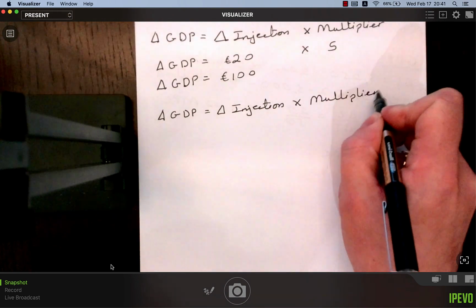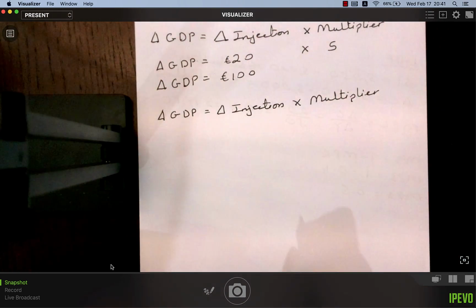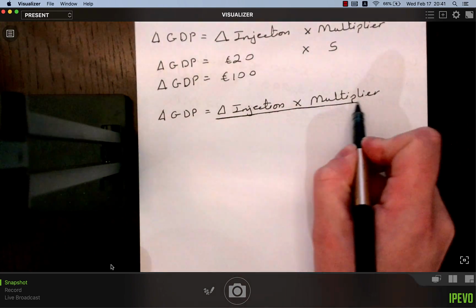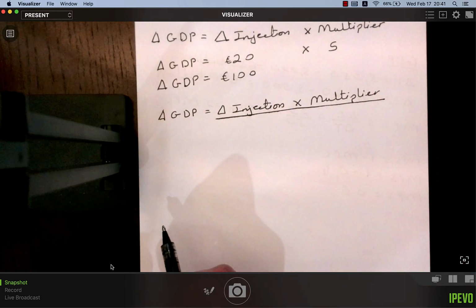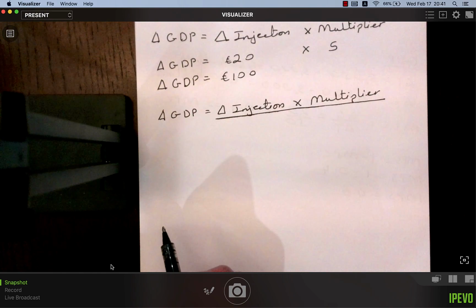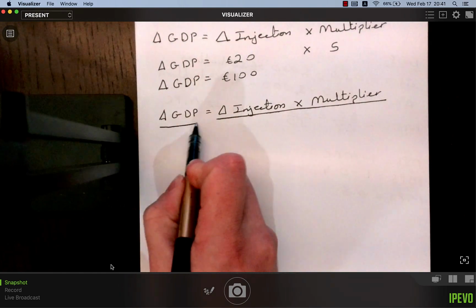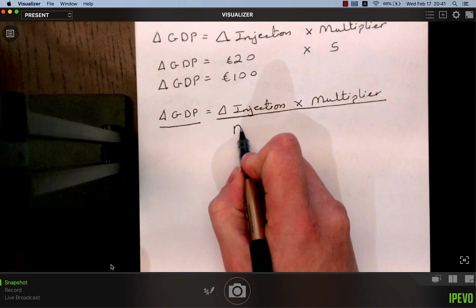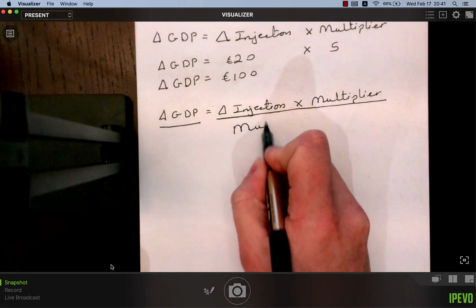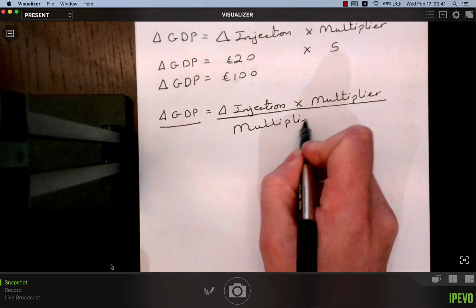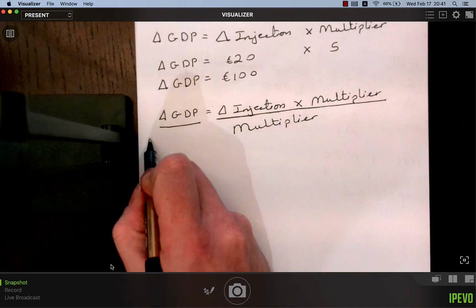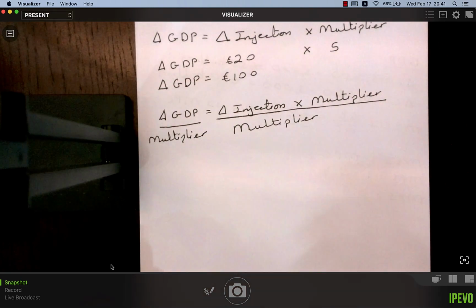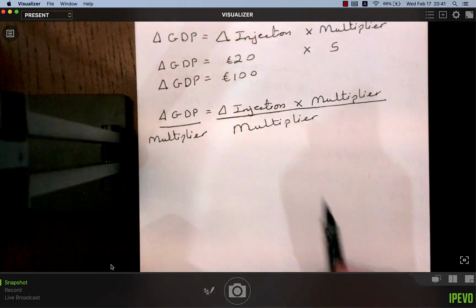Here the injection is being multiplied by the multiplier, so I can divide both sides by the multiplier, the number before the letter we're trying to find, the exact same number on both sides, and this cancels off with this.